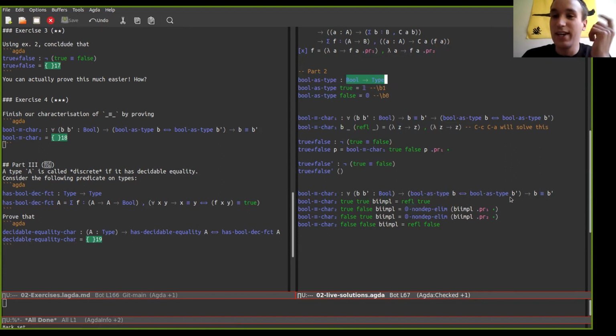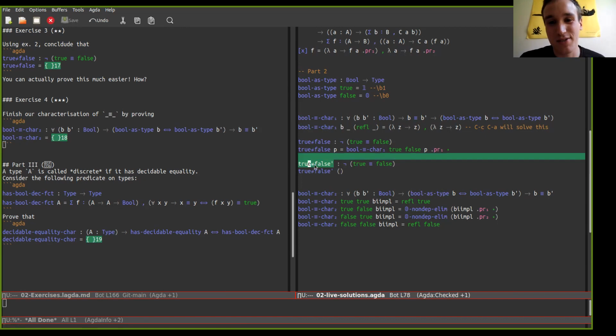This is known as an encode-decode proof, and you'll see much more of that. This is a very, very easy first example, and in particular, what we actually wanted to get was much easier by pattern matching, but this strategy is everywhere.